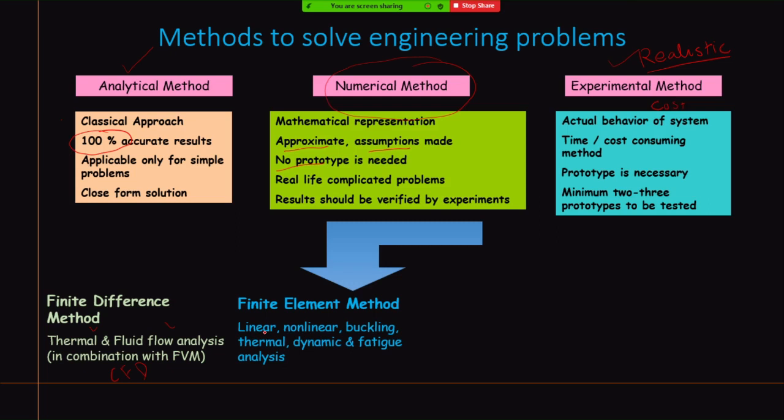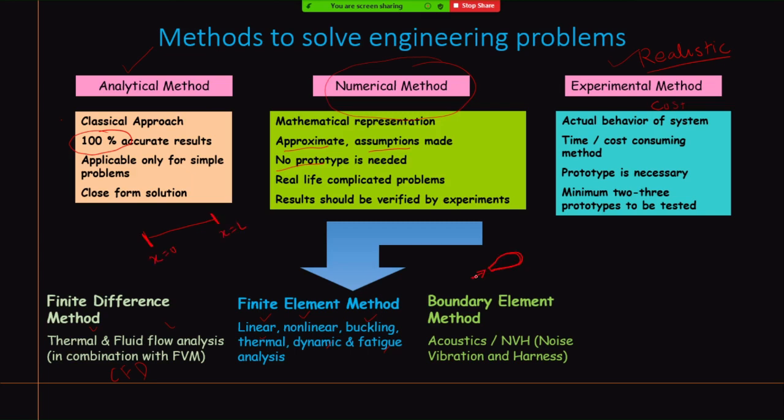And then there is a method called the boundary element method. In finite element, when we are doing an analysis of a beam, we assume this boundary and this boundary don't change, meaning x equal to 0 is there and x equal to L is there. If I take a balloon or something and I'm going to put air inside it, the boundary of this balloon is continuously changing as I increase more and more pressure.